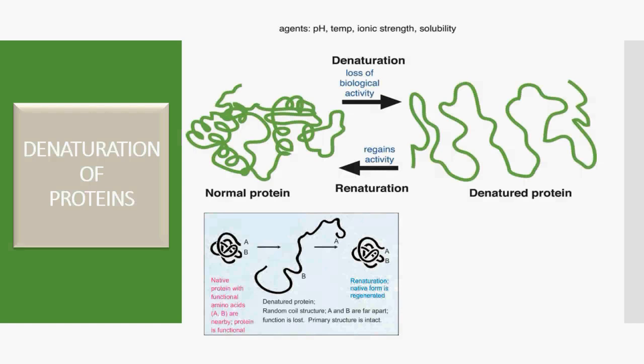Finally, the denaturation of the protein. As we mentioned, the normal structure of the protein has a unique three-dimensional structure. This is an example for any protein. If it loses all this structure by any means, this can include some change in the pH, or the temperature of the medium, or the ionic strength, or heavy metals, or the solubility in the fluid or the liquid where it is present, whether in the lab or the tissue, it will lose its three-dimensional structure.